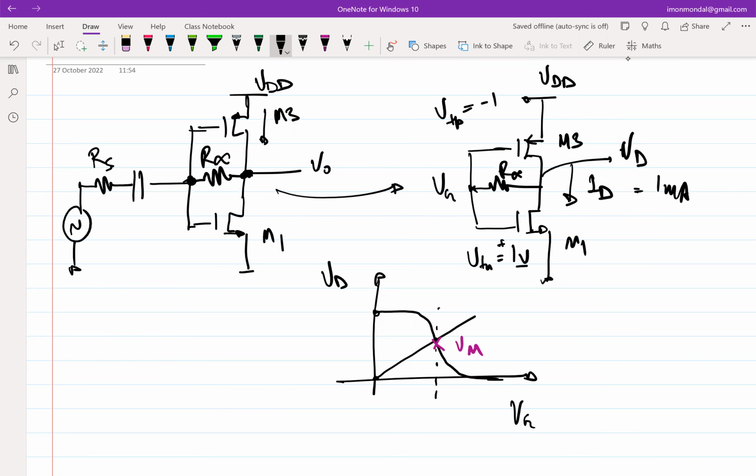So if overdrive increased for both and your current has to be balanced, so what does that mean? Not necessarily, right? You don't have adequate information, but you have information about what is going to happen to the current.